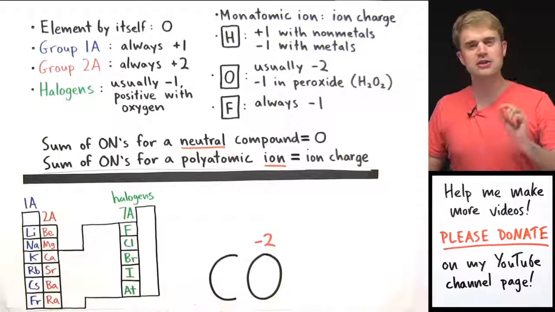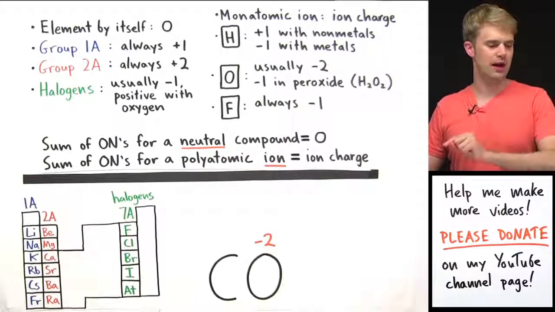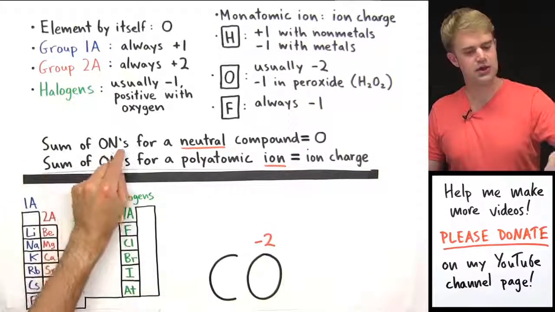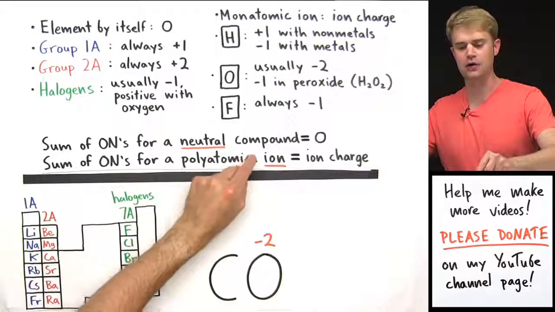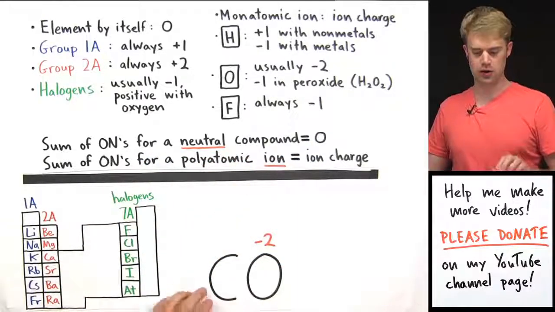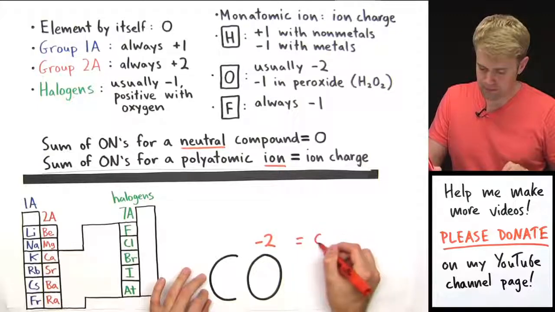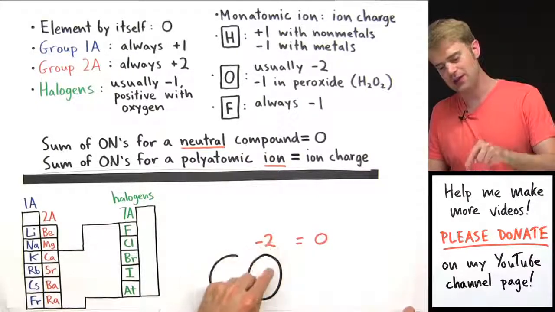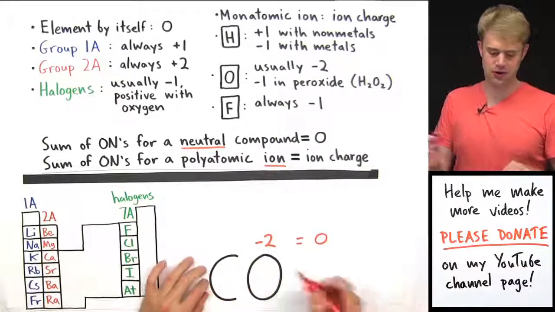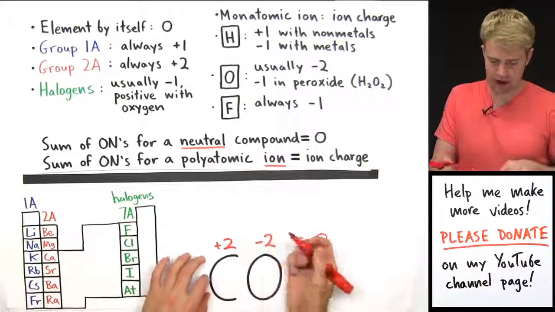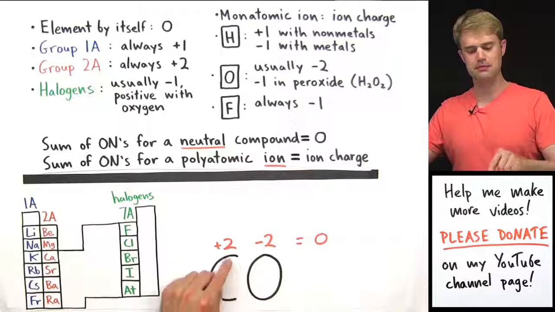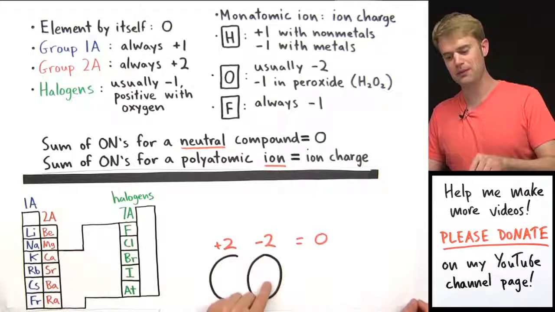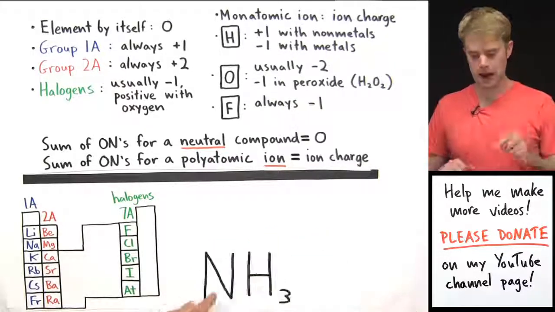Now, let's use this other piece of information that we know, and that's the sum of oxidation numbers for a neutral compound should equal 0. So whatever carbon's oxidation number is should add together with oxygen's to make 0. So we can figure out that carbon's oxidation number should be +2. +2 plus -2 from oxygen gives us 0.